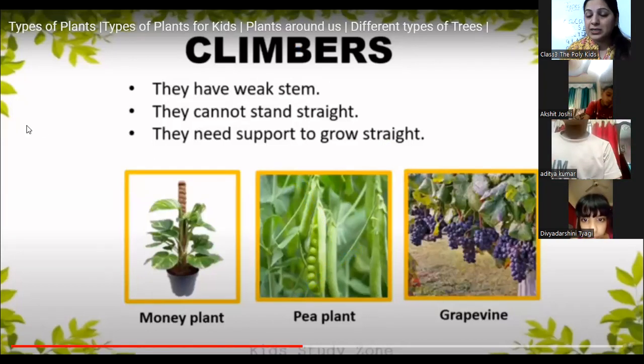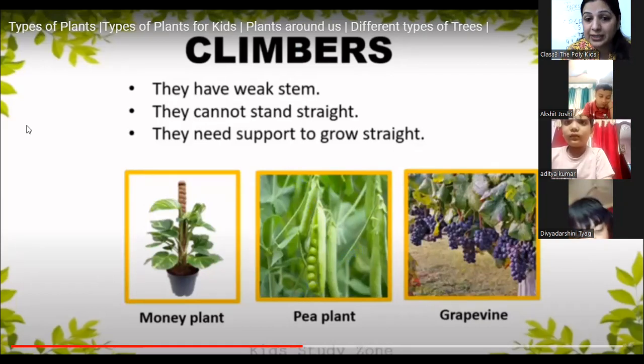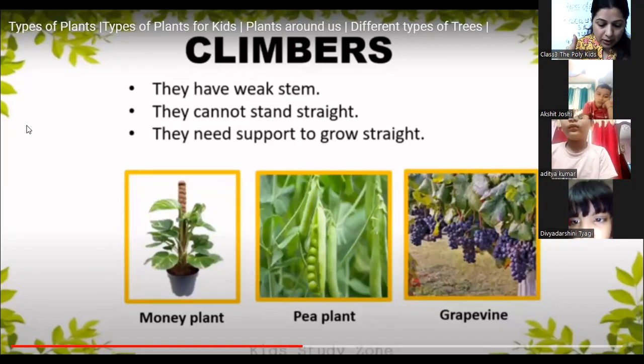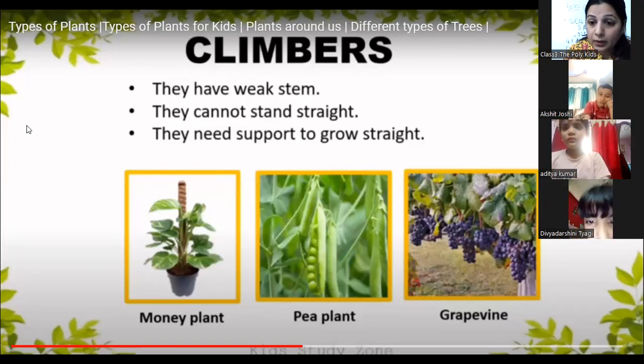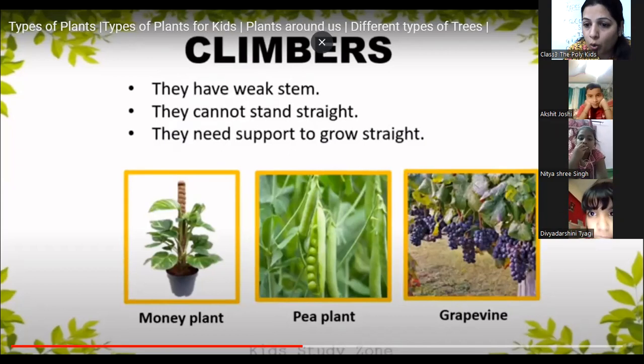So climbers, they need support to grow. They need support to stand because they cannot stand straight themselves. Climbers need support such as another plant or tree to grow. Yes, they need support to grow. They cannot grow themselves.